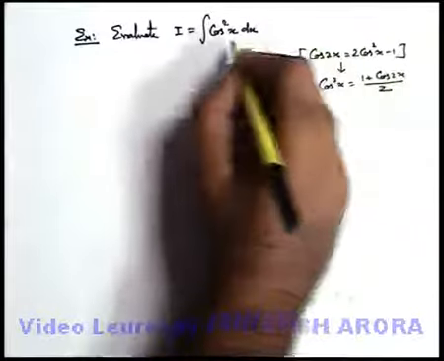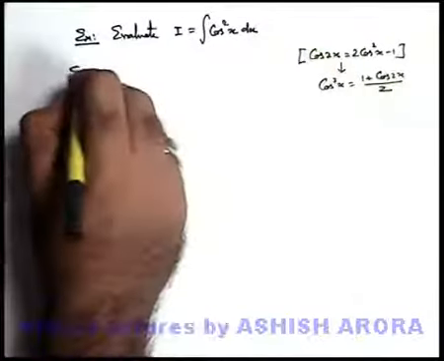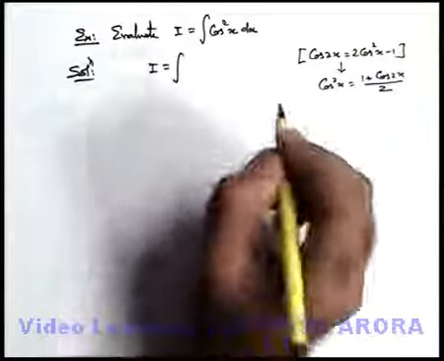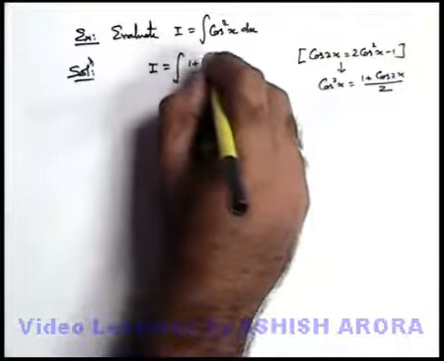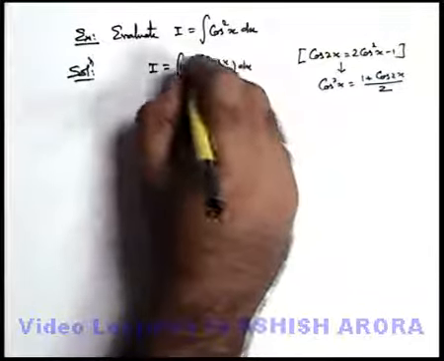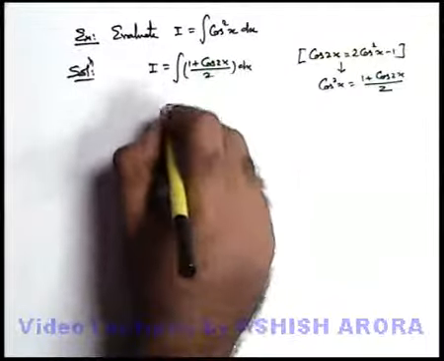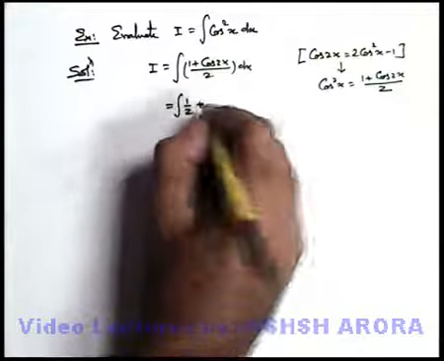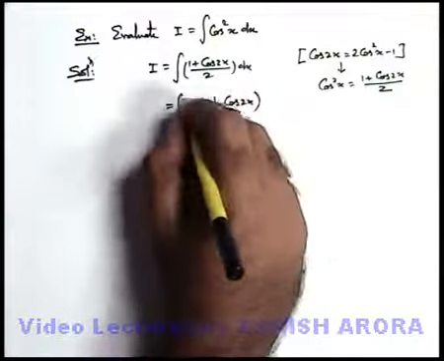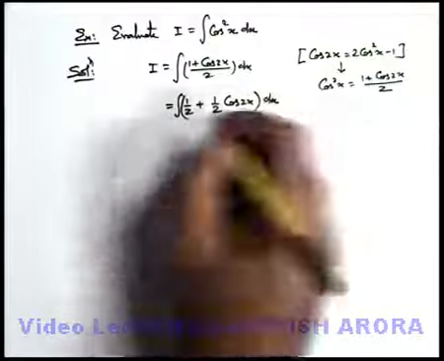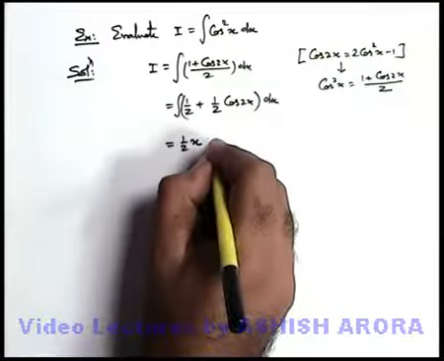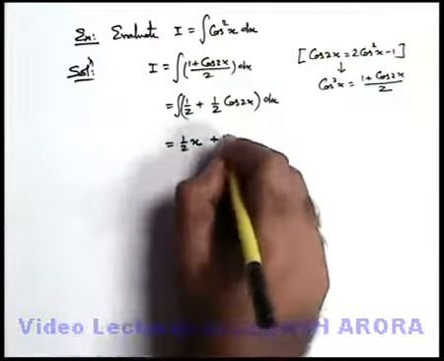So we can substitute this here, and the value of this integral becomes integration of (1 plus cos 2x) by 2 dx. So this can be written as integration of half plus half cos 2x dx. So integration of half will become half x plus half.